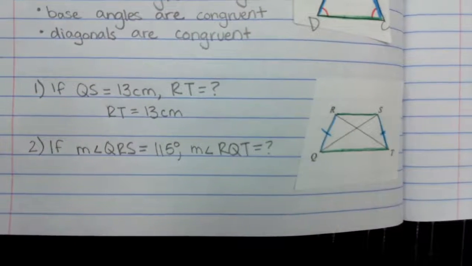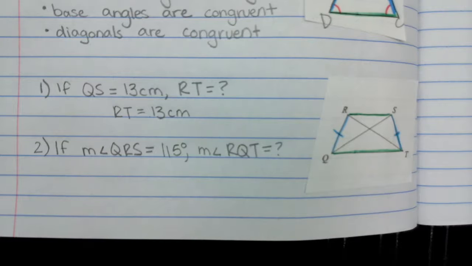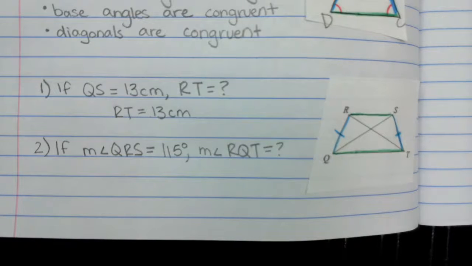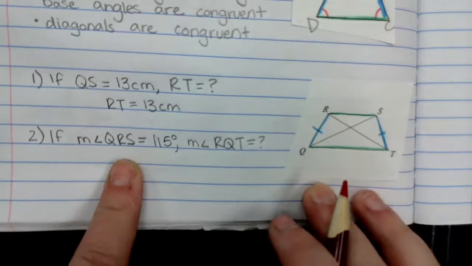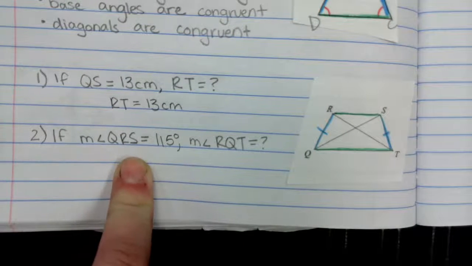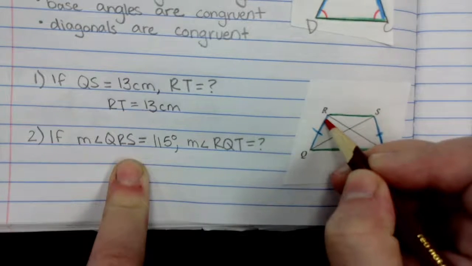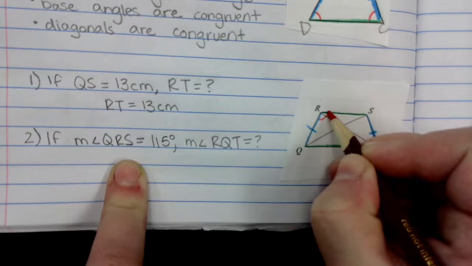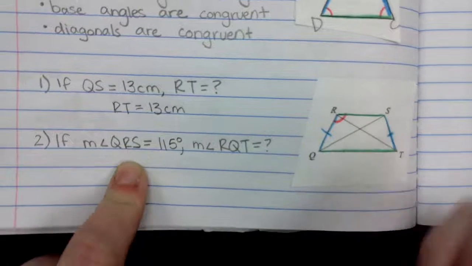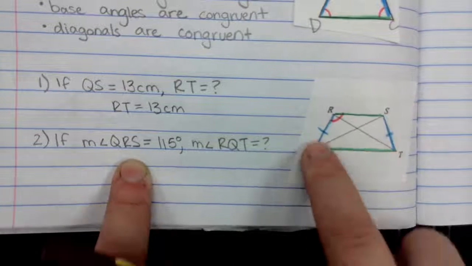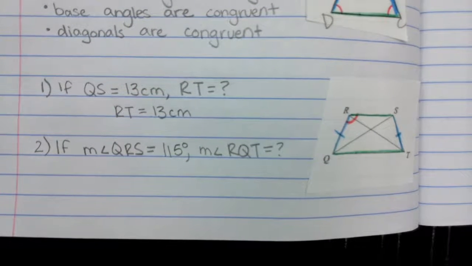So I'm going to look and see where is angle QRS. Really, QRS is what other angle if we were going to be a little bit lazier about it? How else would we name that angle? That would just be angle R, but because we have that diagonal there, we have to use 3 letters because there's lots of angles. So QRS, that's 115 degrees. It's asking me to find RQT.